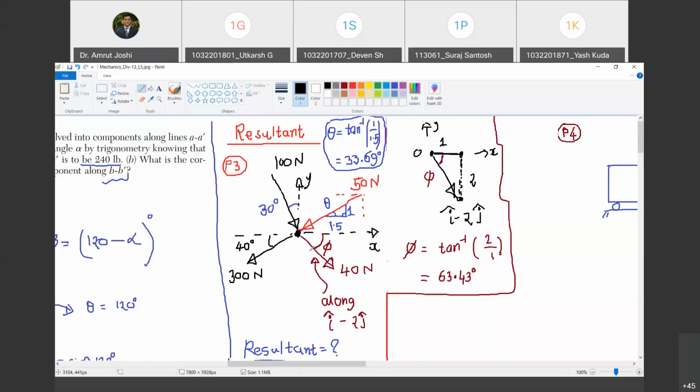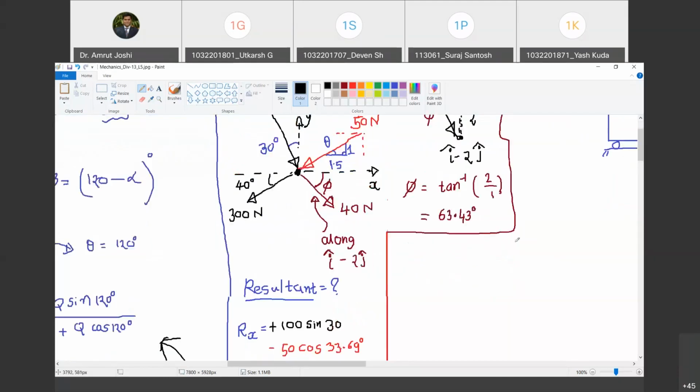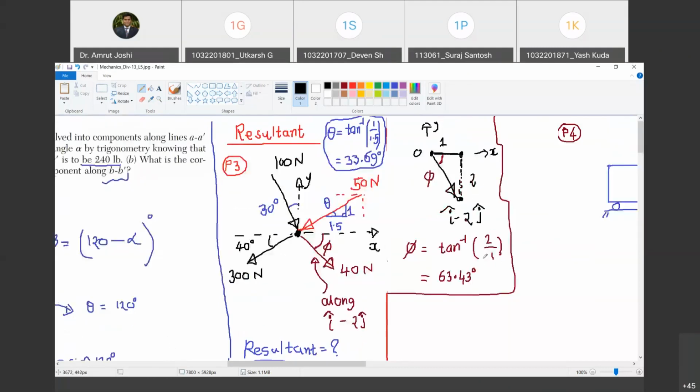Such a system, where lines of action of all the forces acting on the body do lie in a single plane, not necessarily xy, it can be any other inclined plane as well. But if lines of action of all the forces do lie in a single plane, then we call such a force system a coplanar force system. Is this a coplanar force system? Yes, sir.